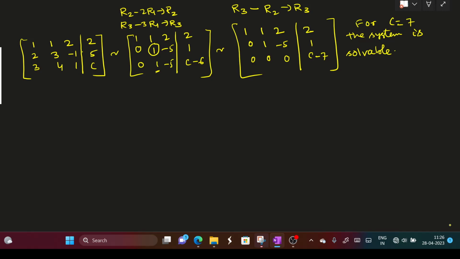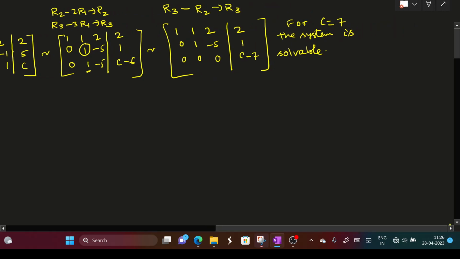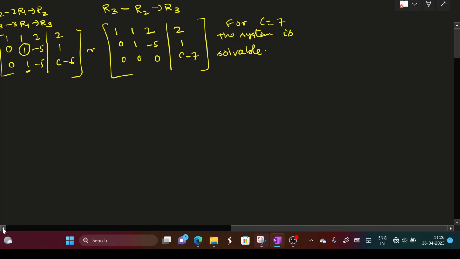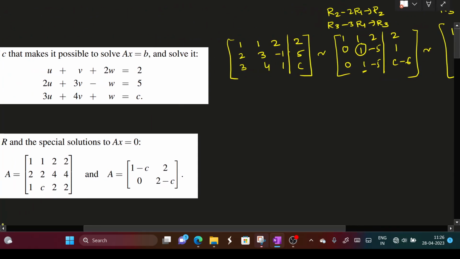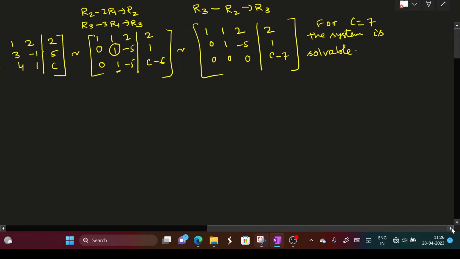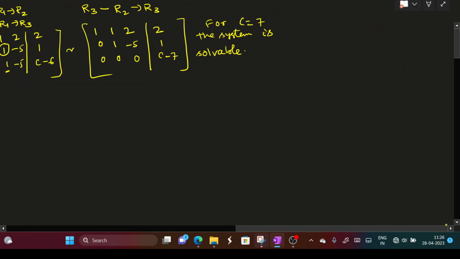Next part of the question is solve it. What we have to do? c minus 7 is equal to 0 means the last row is 0.